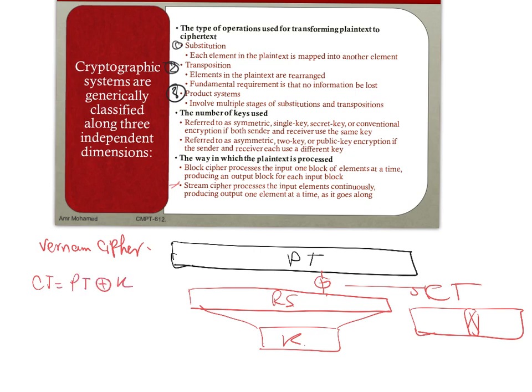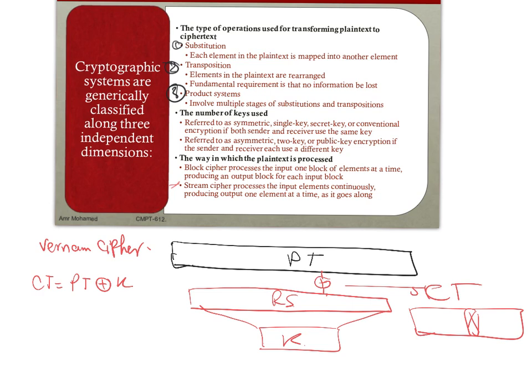This is used, embedded, in many encryption algorithms, even block ciphers, as we'll see. The Vernam cipher is embedded inside many block ciphers.